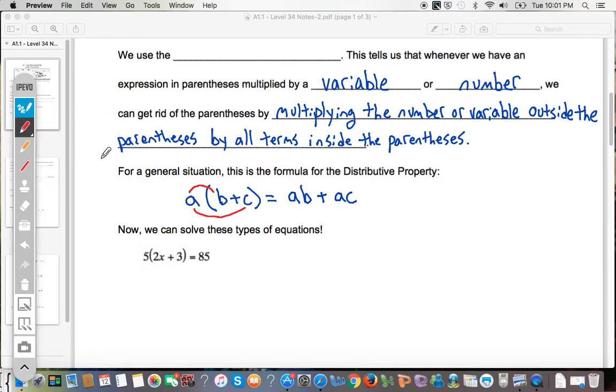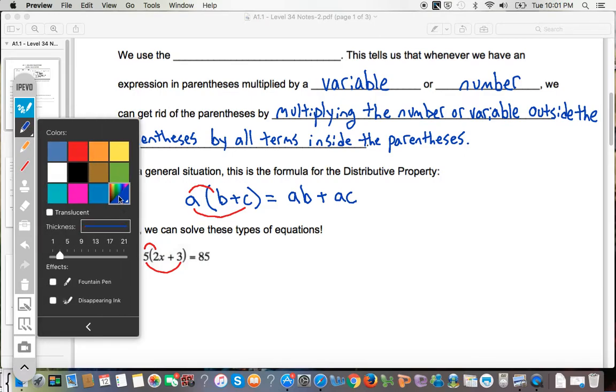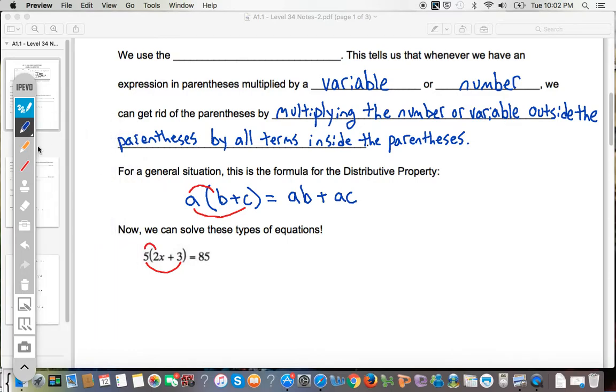Okay, so let's look at that original equation that we had up towards the top there. Brought it right down here. Find the easiest way to learn how to do these is to put them to use. So I have 5 times the expression 2x plus 3 equals 85. So I'm going to take this 5, I'm going to draw my little lines here. So I have 5 times 2x.